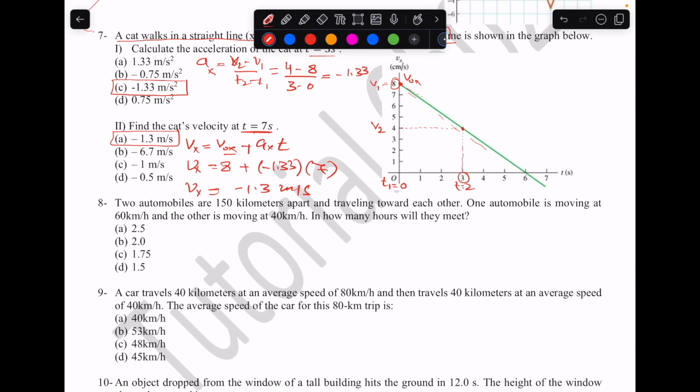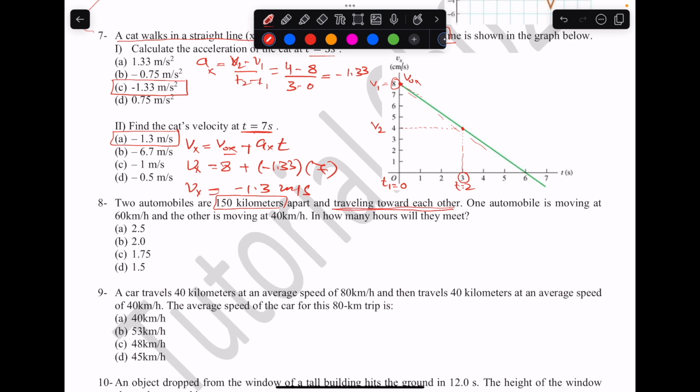So the next question is question number 8. Two automobiles are 150 kilometers apart and traveling towards each other.